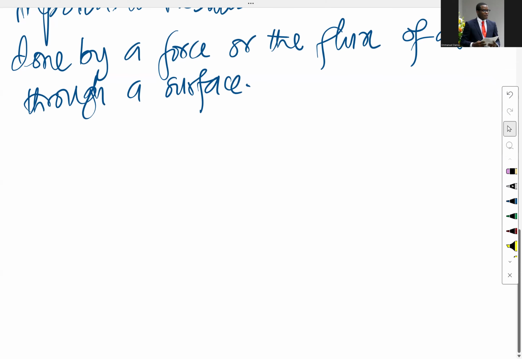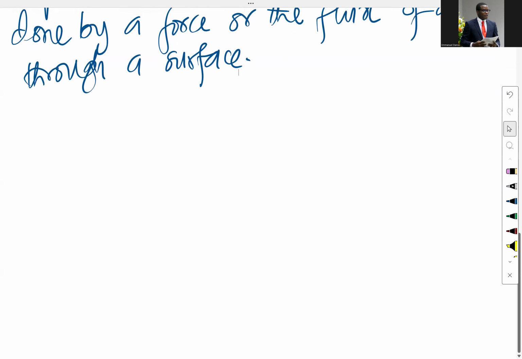So let's have the definition. Let's define the integration of vectors.